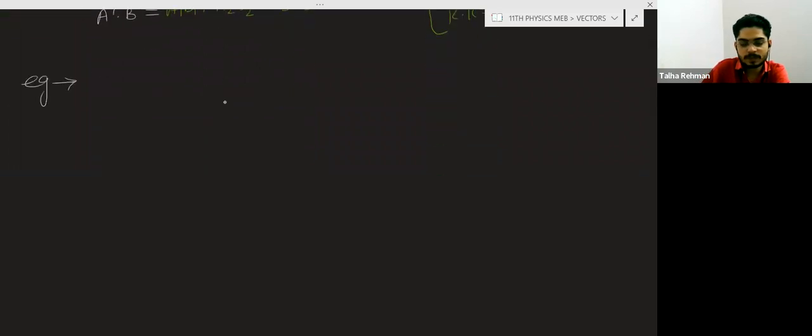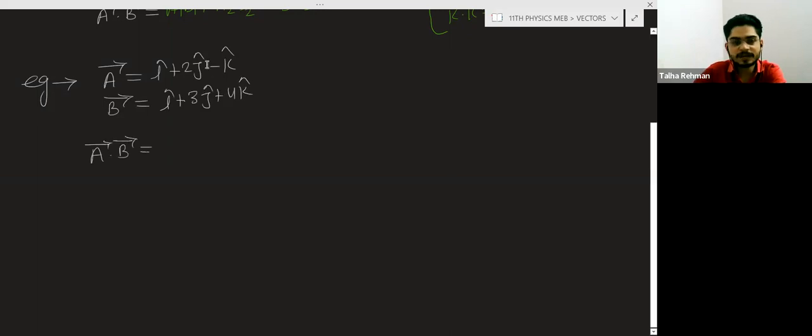For example, A vector is given as I cap plus 2j cap minus k cap. And B vector is given as I cap plus 3j cap plus 4k cap. We want to find A vector dot B vector. Can we find it? Here is 1, here is 1, so this will become 1.